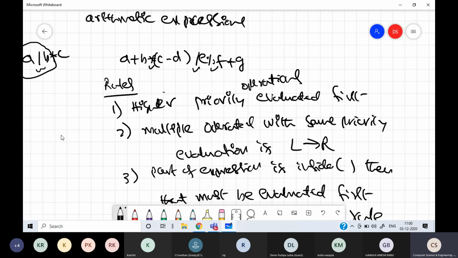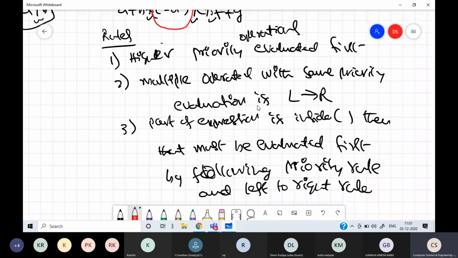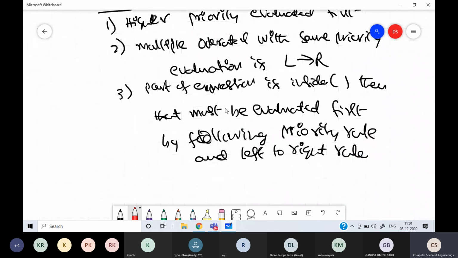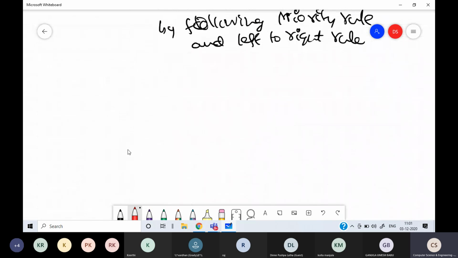When I take this expression, there is some part of the expression within the parentheses, so before I evaluate any other thing, the part inside the parentheses must be evaluated by following the same priority rule and left to right rule. For example, suppose I have a into b minus c divided by d, and I keep the last part within brackets.